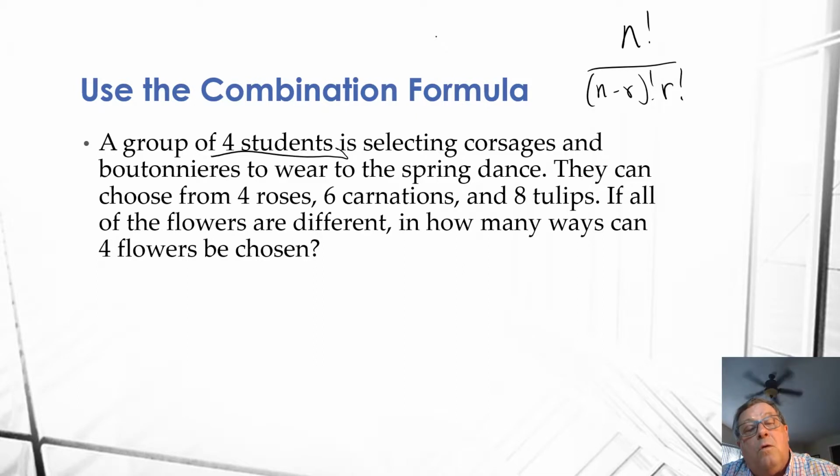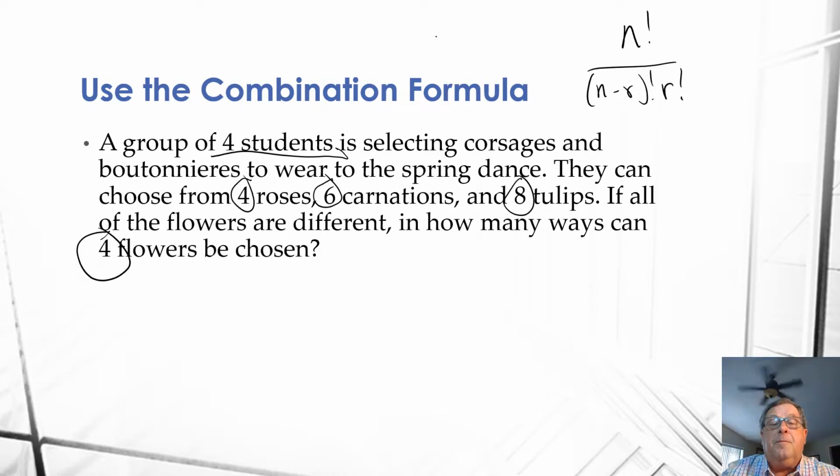Well, we've got 4 roses, 6 carnations, that's 10, and 8 tulips. So that is 18. So we've got 18 total objects, and we're trying to determine how many combinations using those 18 can we come up with for 4 choices. And there's actually quite a few.